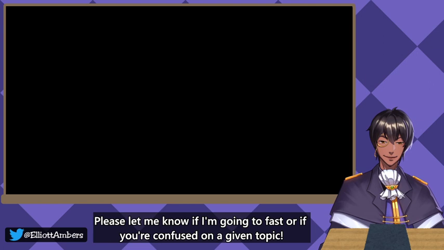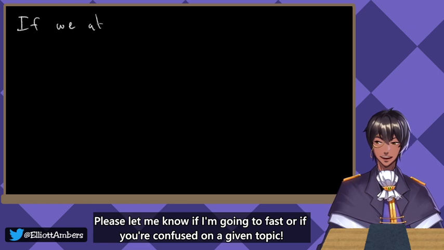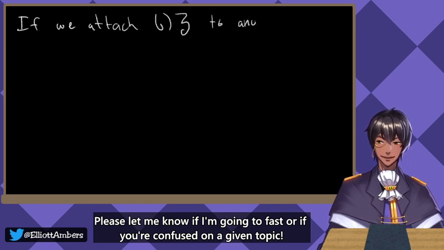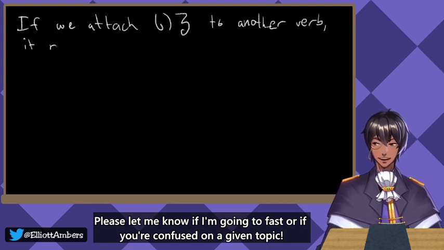Let me make a new page for this. If we attach iru to another verb, it represents one of the following.